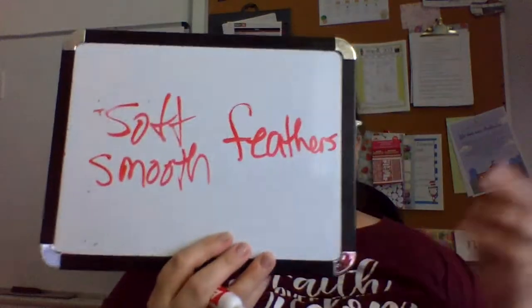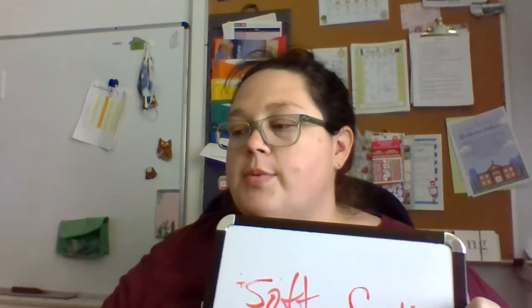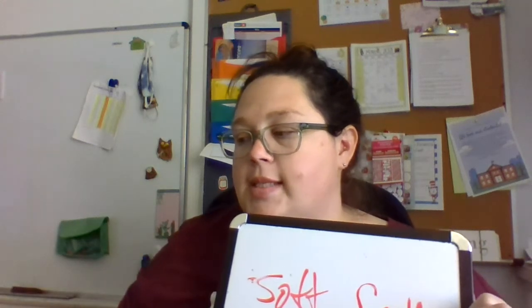And then also touch. So if we had, let's see, feathers. Feathers can be very soft, or they could be very smooth. And those are describing touch. Okay, so you've got sight, you've got touch, and then the next ones we're going to do are sound and smell.